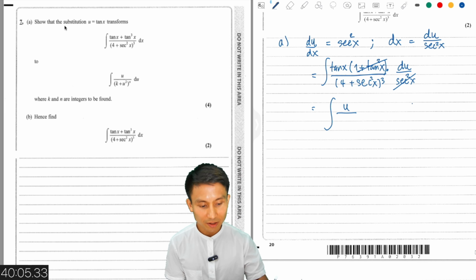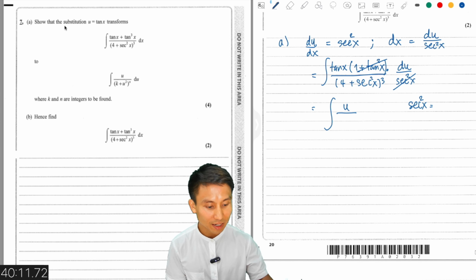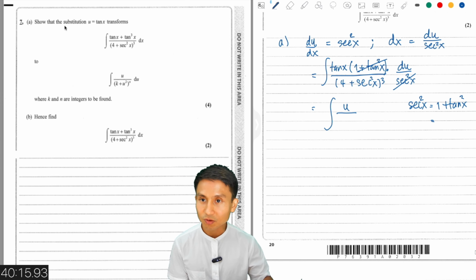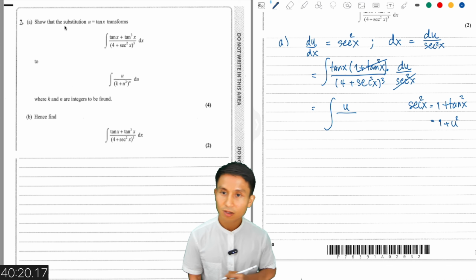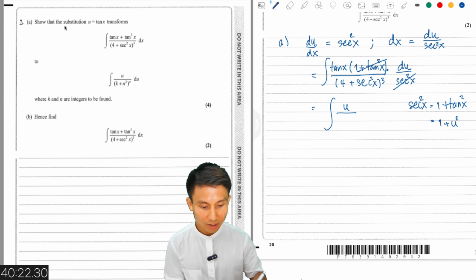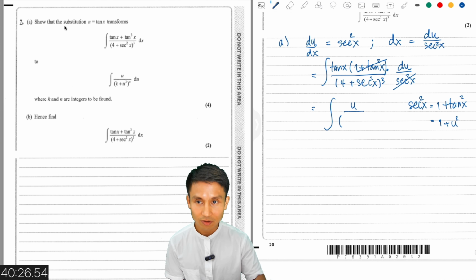So sec squared x is also, again, 1 plus tan squared. I'm just going to write 1 plus tan squared x. But we sub u as tan x, so this is 1 plus u squared, right? So that is 1 plus u squared. Yeah, I think that's fine. So we have u over 4 plus, subbing in the sec squared there, we have (1 plus u squared) to the power of 3, du. Okay?